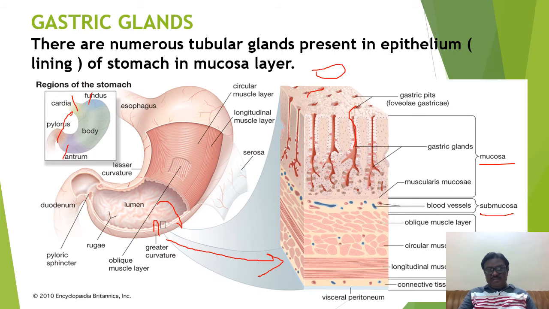This is the branched structure of the gastric gland, and this one is the unbranched structure. This is about the location of the gastric gland, which lies in the innermost layer of the stomach wall, the mucosa layer.